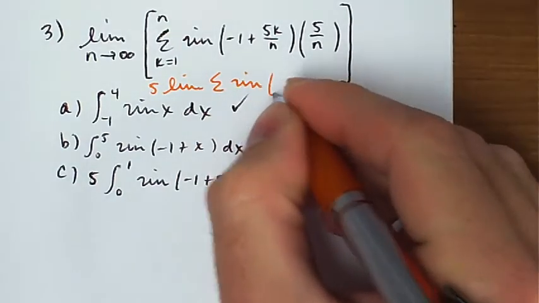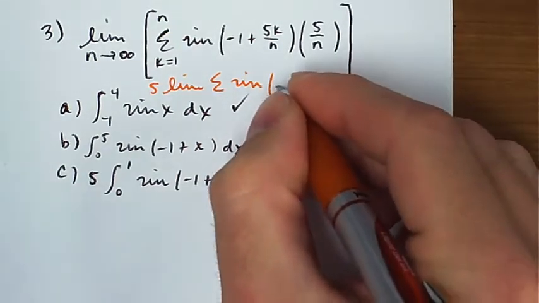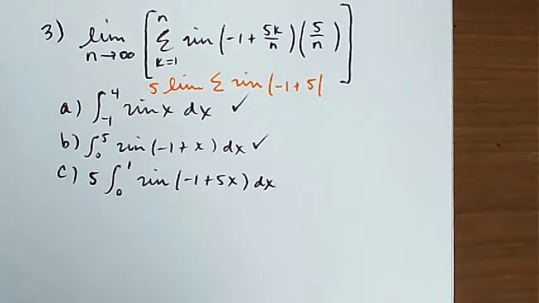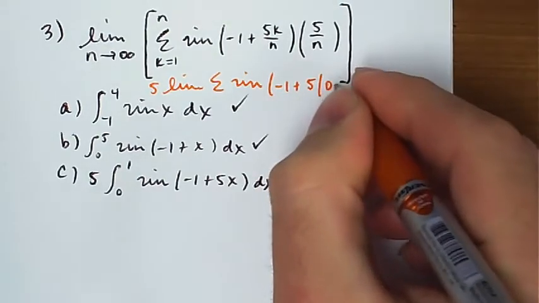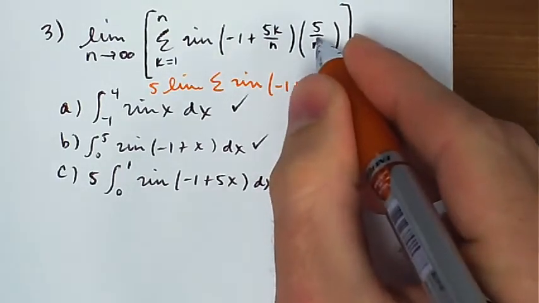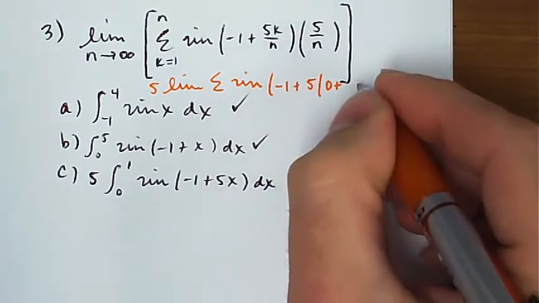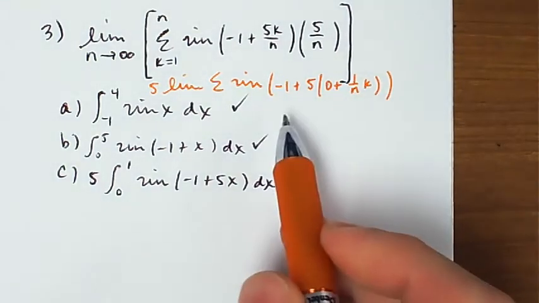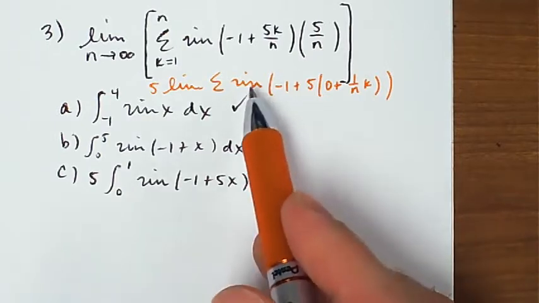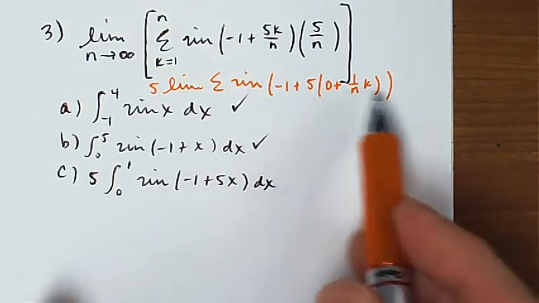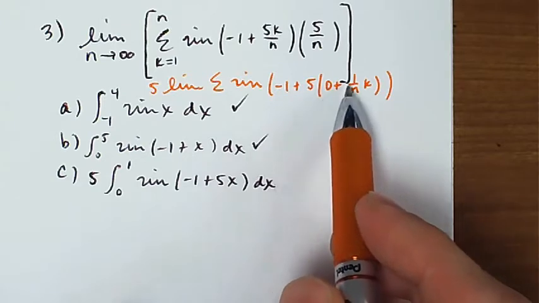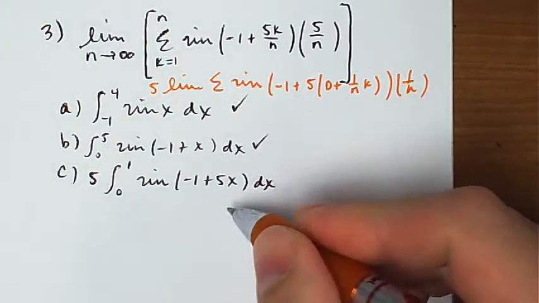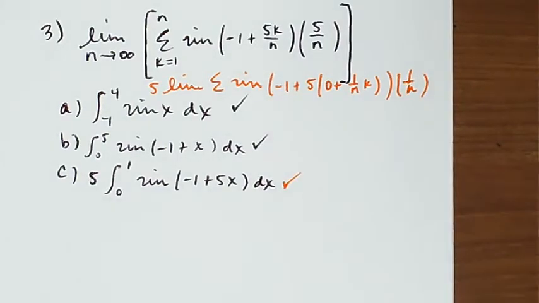Limit of sine of negative 1, and then I'm going to factor off this 5 times, and then this will be my x, 0 plus, and if the width is now 1, 1 over n, 1 over nk. Right, and this does work, and this would be the sine of negative 1 plus 5x as x ran from 0 to 1. Right, if I factored out the 5. So this one also works for that reason.